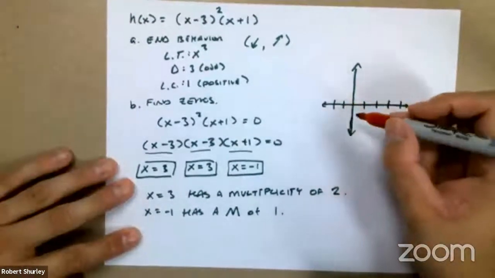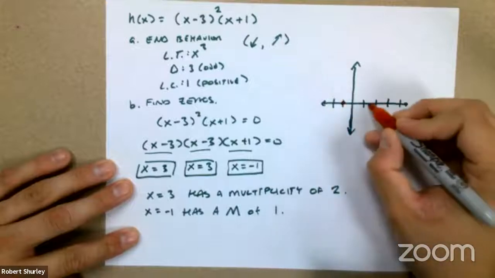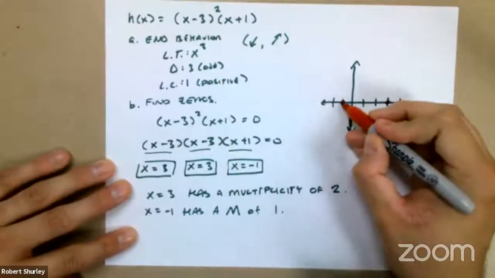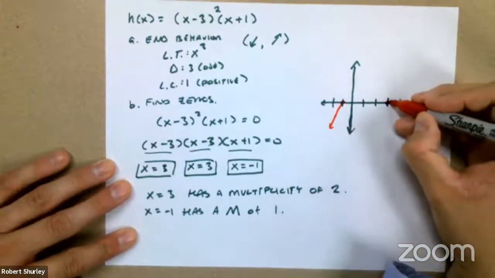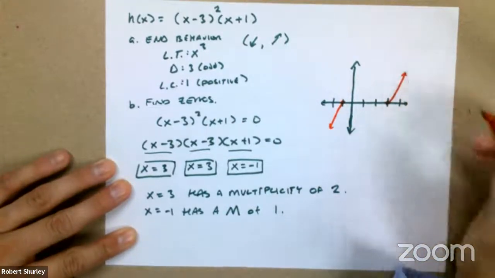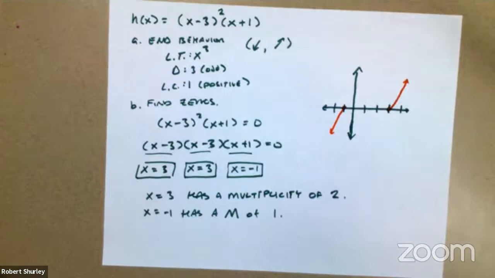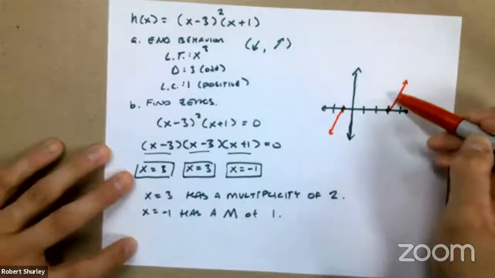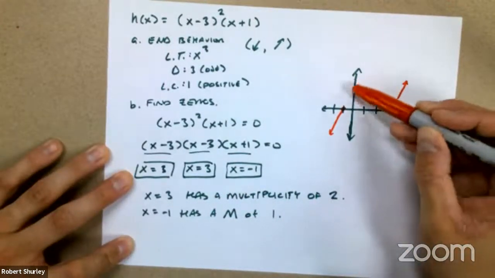But let's graph this one. So we're at -1 and we're at +3. And I know the end behavior tells me that this is going to go down and that this is going to go up. But now look, this doesn't make sense like the last one. In the last one, this went down and it went back through and then back down.